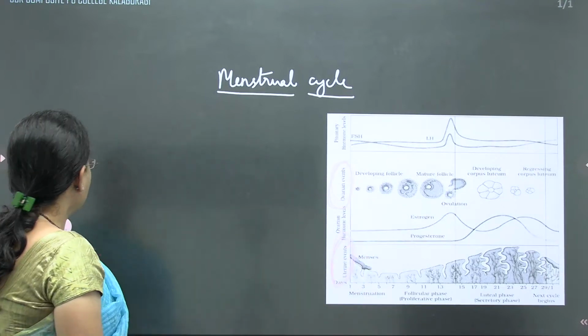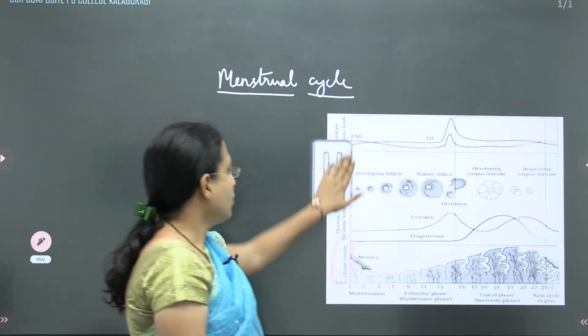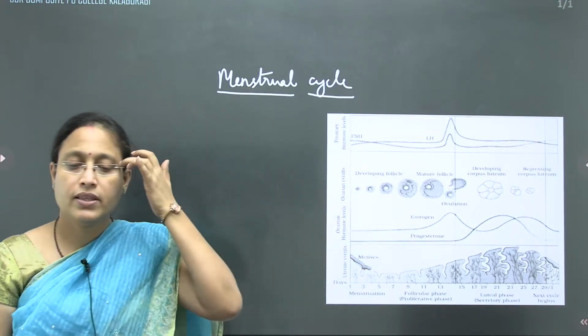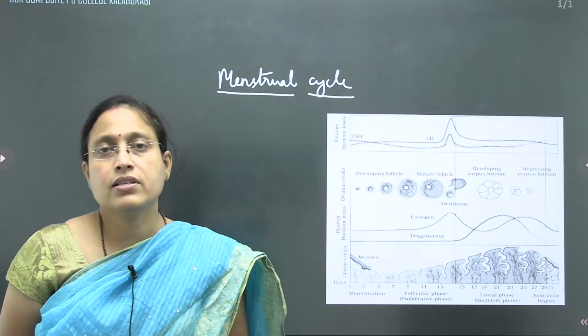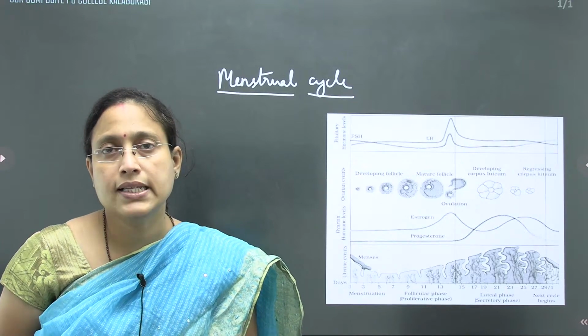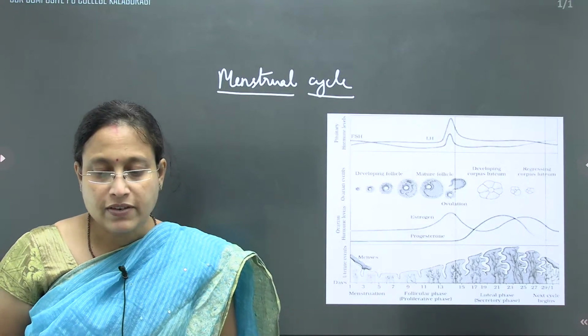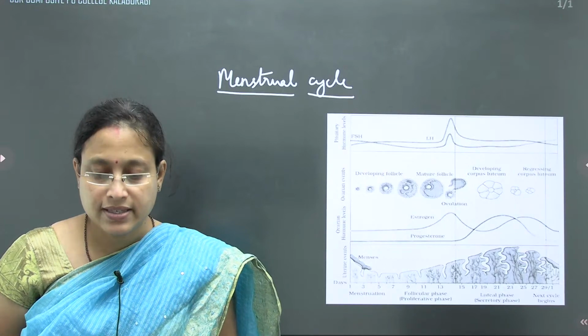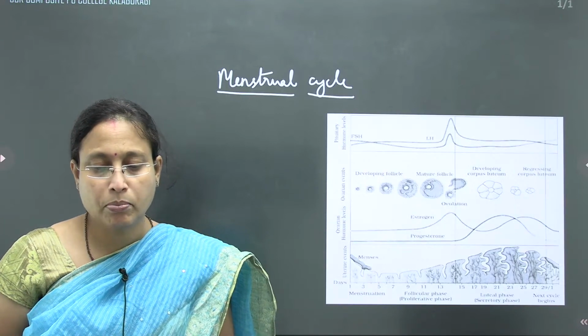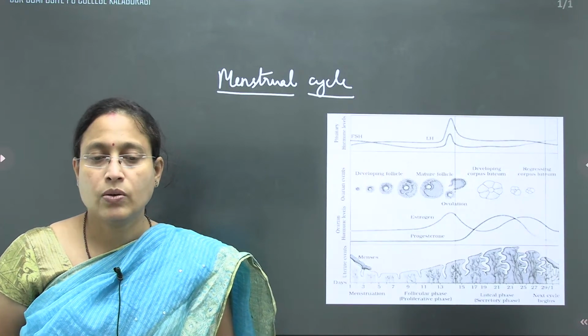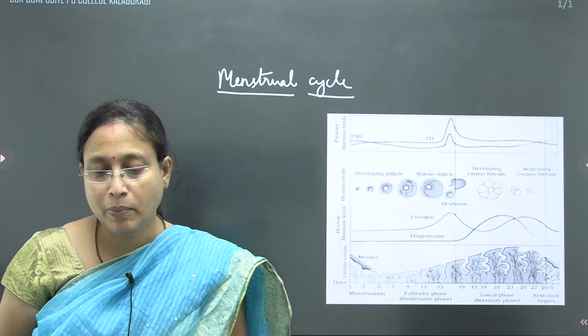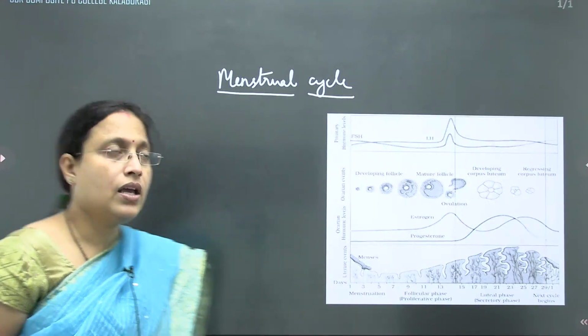Now, what is the definition of menstrual cycle? I will begin by explaining the definition of the menstrual cycle. First of all, it is a reproductive cycle occurring in particular animals only, that is, in primates.